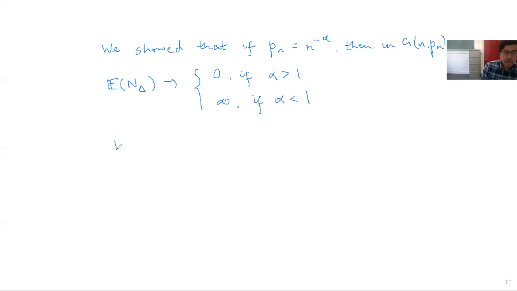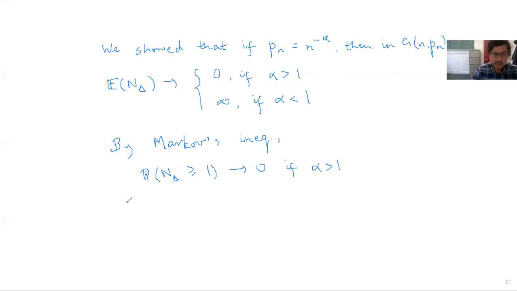And then we also had, by Markov's inequality, the probability that there is at least one triangle, that there are one or more triangles, tends to 0 if alpha is bigger than 1. Since the expectation tends to 0, it follows by Markov's inequality that this is true.